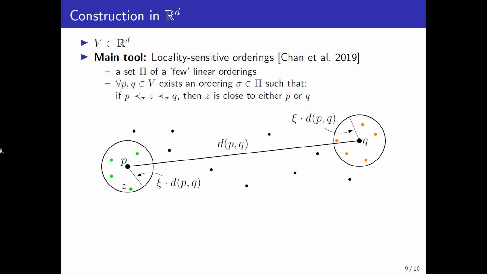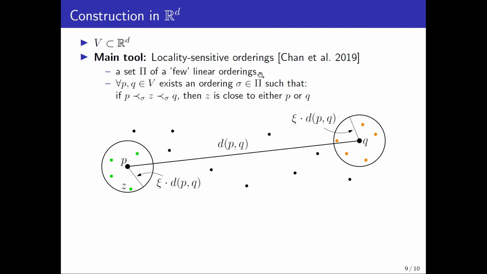There is a parameter xi that this result has, and the number of orderings depends only on this parameter xi. The radius of the balls that we have around P and Q is xi times the Euclidean distance of P and Q. So these balls have radius relative to the distance of the two points.